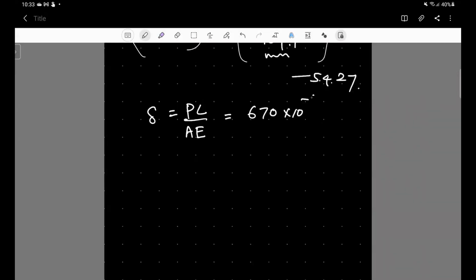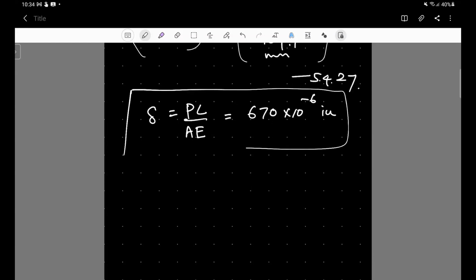So 670 times 10 to the power minus 6 inches is what you get if you use the analytical solution from the beam theory that you have developed.